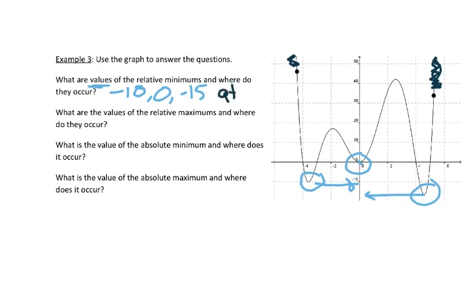They occur at, and then we look at the x values at those same points. So here, this right here looks like 3 where it crosses the x-axis. So it's negative 3, I mean. So let's say negative 3.5. And then this one is 0. And then this one, again, this looks like it crosses at 5, so I would call that 4.5.